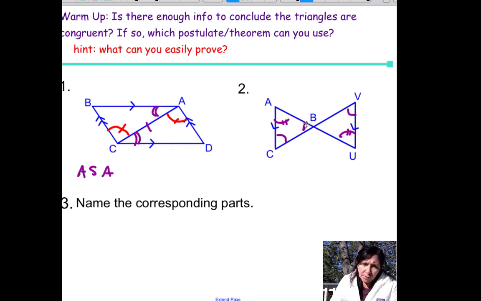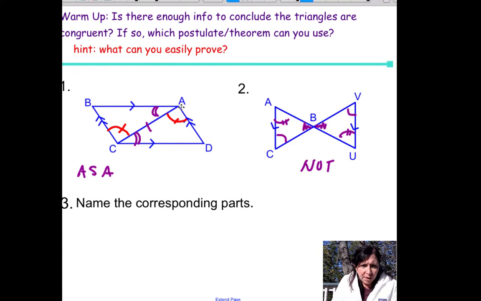We also know that this angle in between, those are vertical angles, are also congruent. These two triangles are not congruent because you need at least one side to have two triangles congruent to each other, okay? Not just 3 angles.